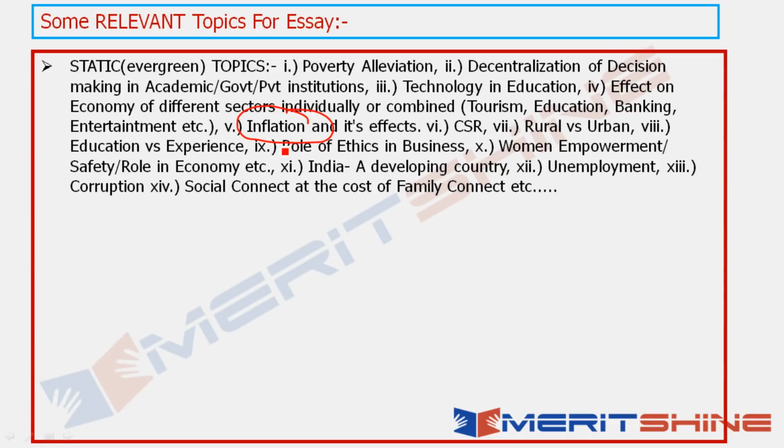I'm sure you all know about inflation. You have read about it. You are bankers, aspiring bankers. You have a lot of data about inflation, but I do not need data in essays. You might quote one or two data, but inflation data changes weekly. So even if you quote data, it should be generic in nature, yearly or over a period of time.